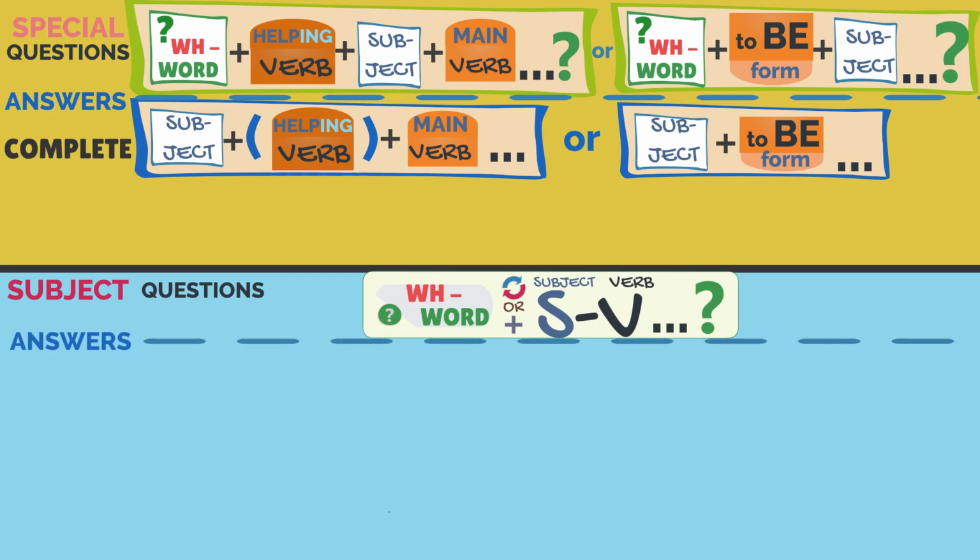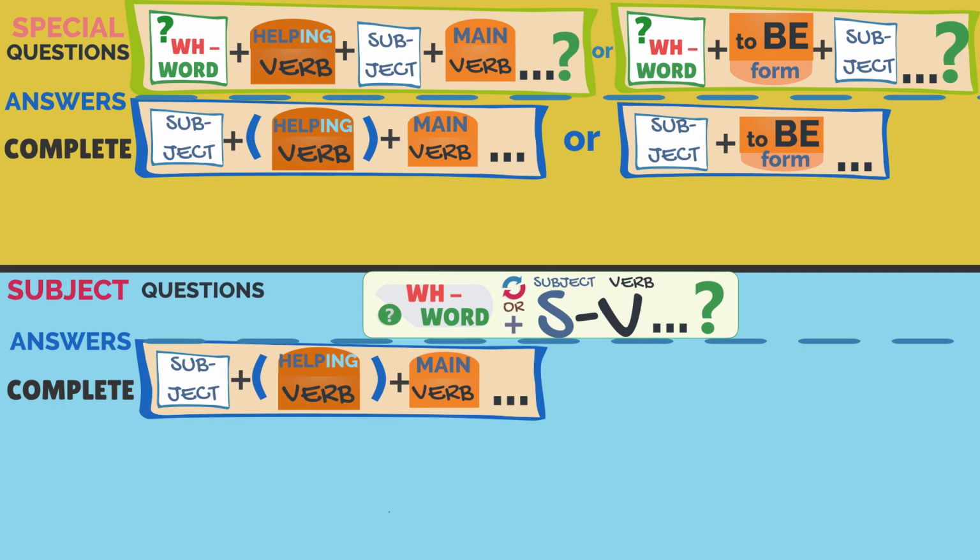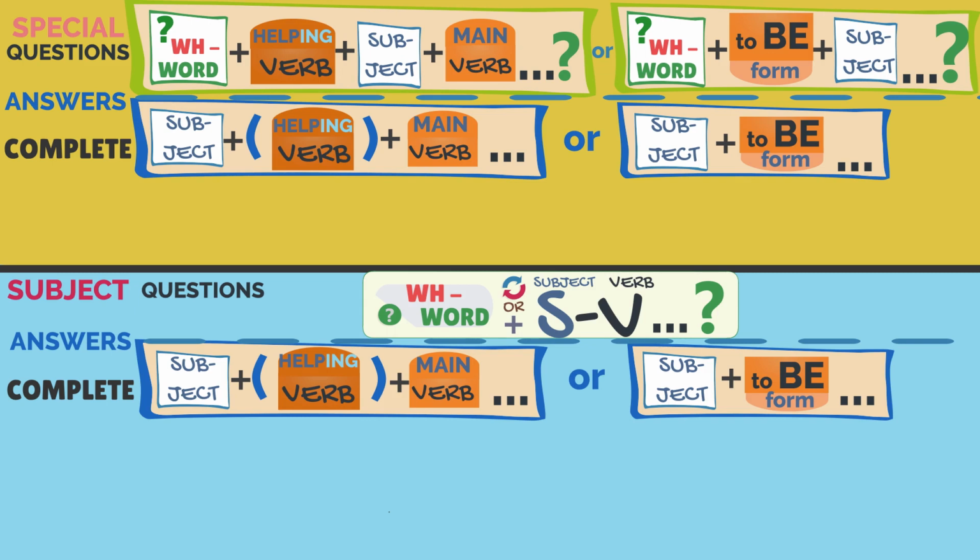So, the complete answers to these questions are positive sentences that are full, and not inverted versions of the corresponding questions. We only replace the WH word with a subject, or a description of the subject.